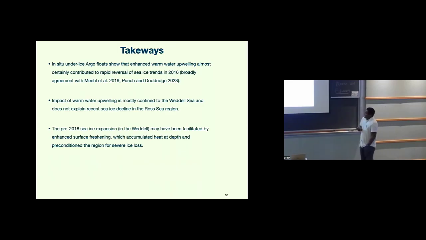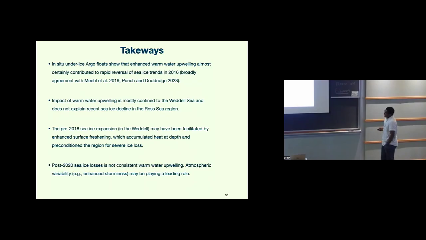And then pre-2016, the sea ice expansion in the Weddell may have been facilitated by enhanced surface freshening. That's a speculation. We haven't done the actual freshwater budget, but it's really hard to explain why there's sea ice at record maximum without enhanced stratification.